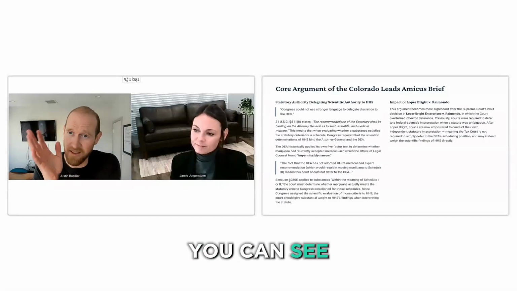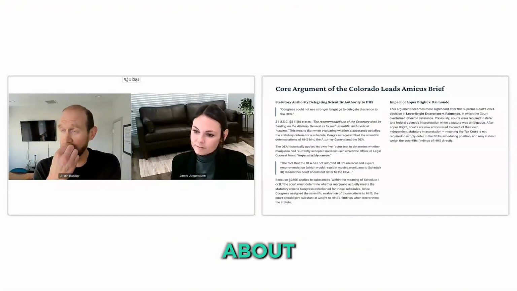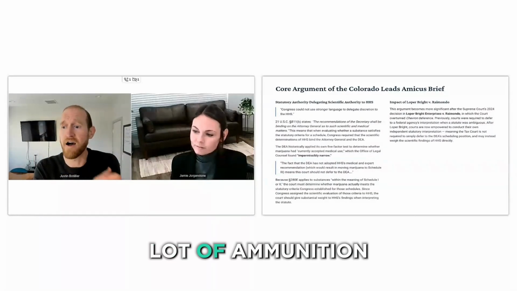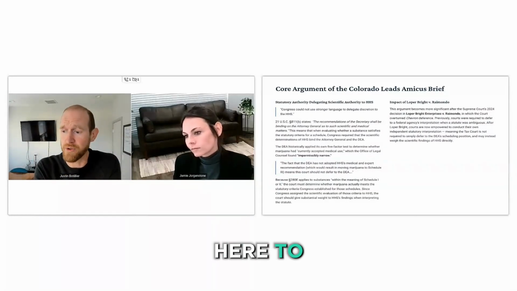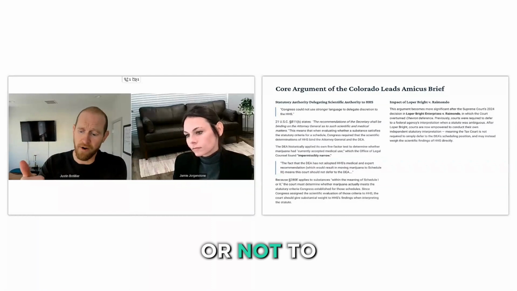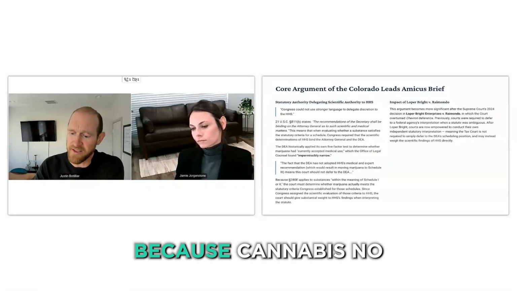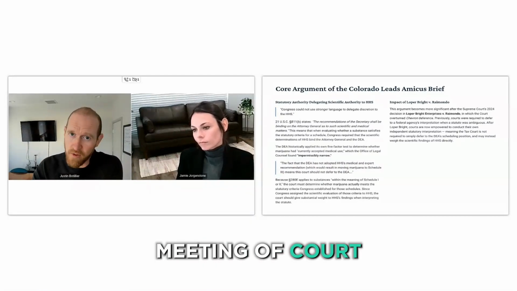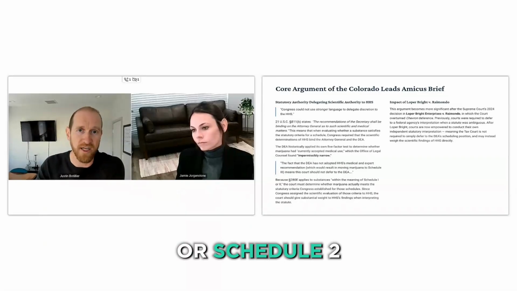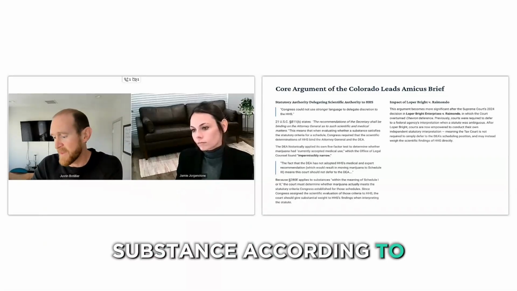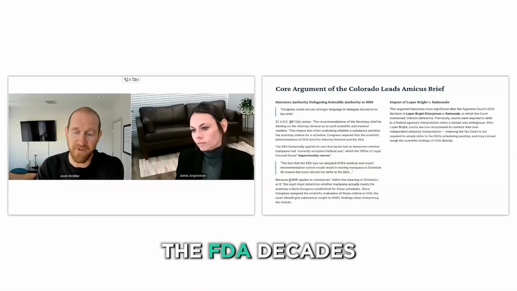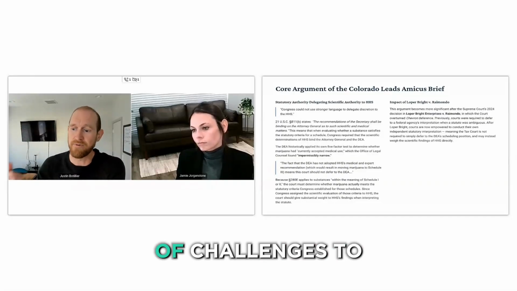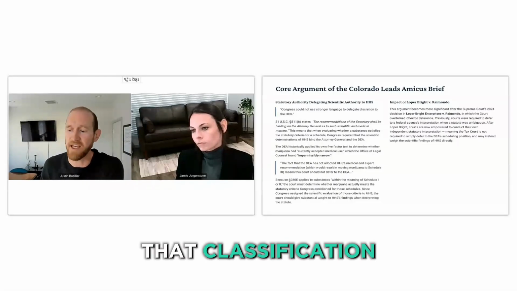And if you can see through all of these things that we just talked about, there's a lot of ammunition here to question whether or not 280E applies, because cannabis no longer fits the meaning of a Schedule 1 or Schedule 2 substance according to the HHS letter, the FDA, and decades of challenges to that classification.